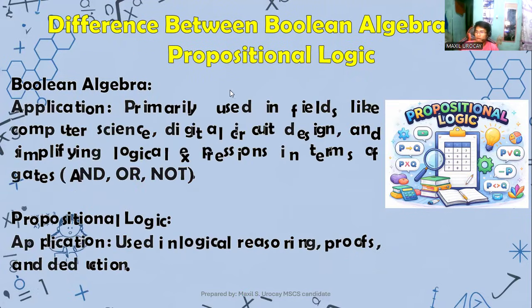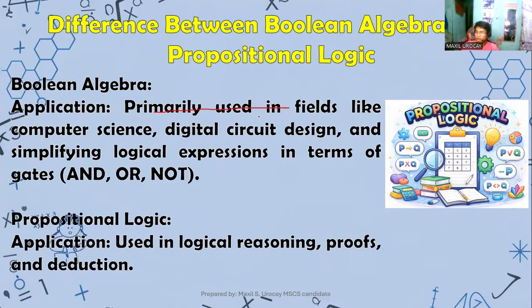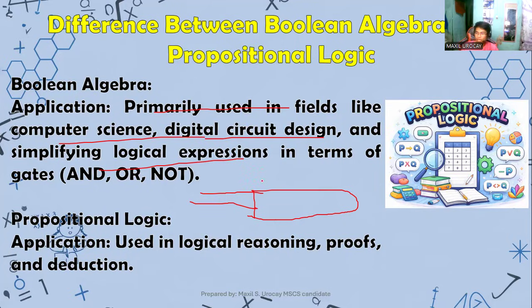For the application, Boolean algebra is used in fields like computer science, digital circuits, and simplifying logical expressions in terms of gates. When we say gates, these are the drawings I mentioned previously. The application of propositional logic is in logical reasoning, proof, and deduction.